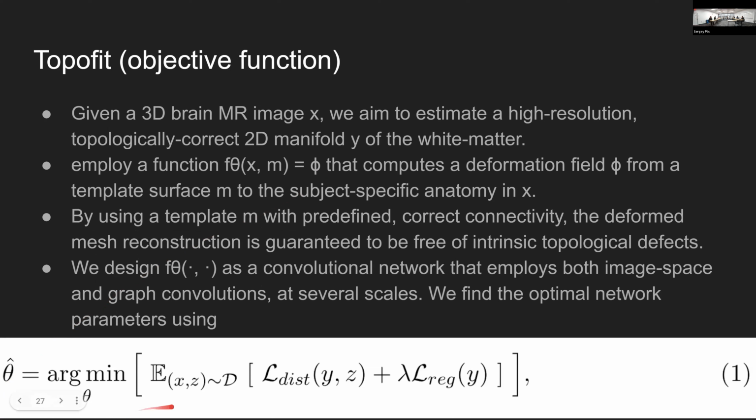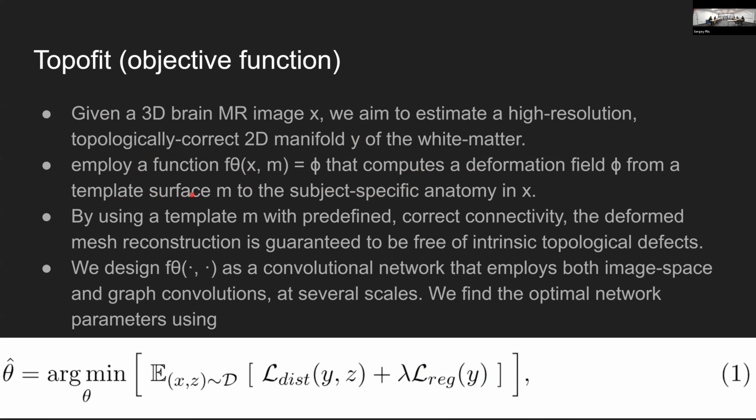So the objective function: basically they're minimizing the distance between the sampled point clouds, and they also have a regularization term to increase the smoothness of the meshes. Let's see if there's anything important here. We've seen that basically their networks predict the deformation field per vertex of the template surface.